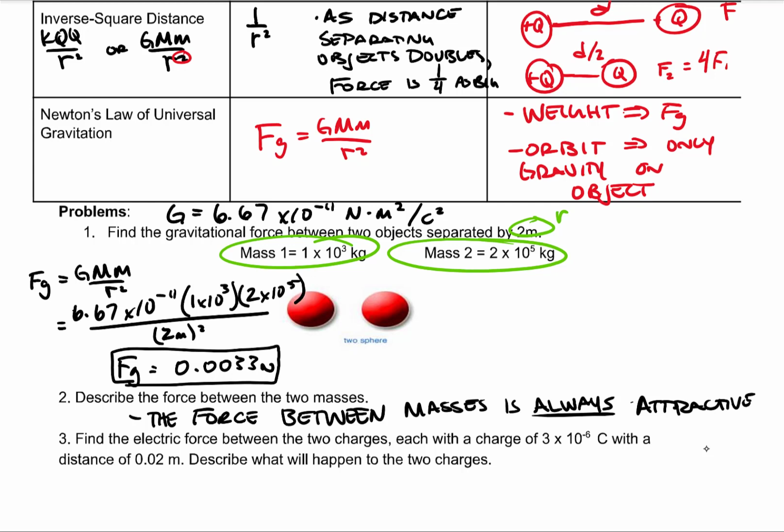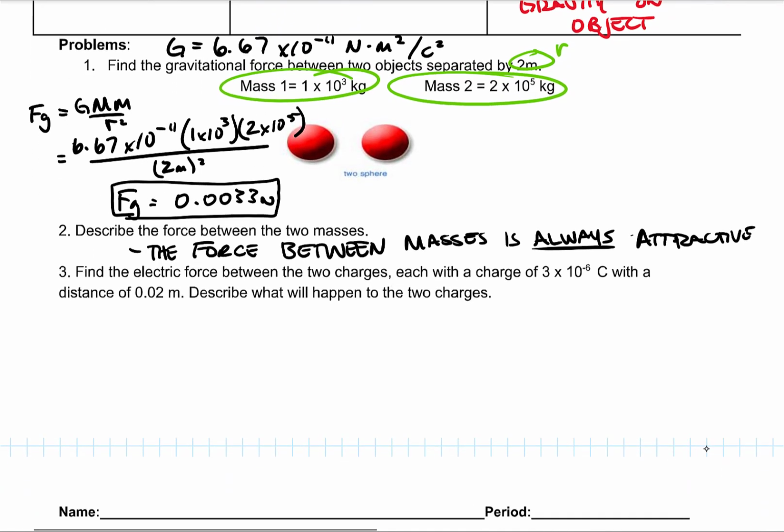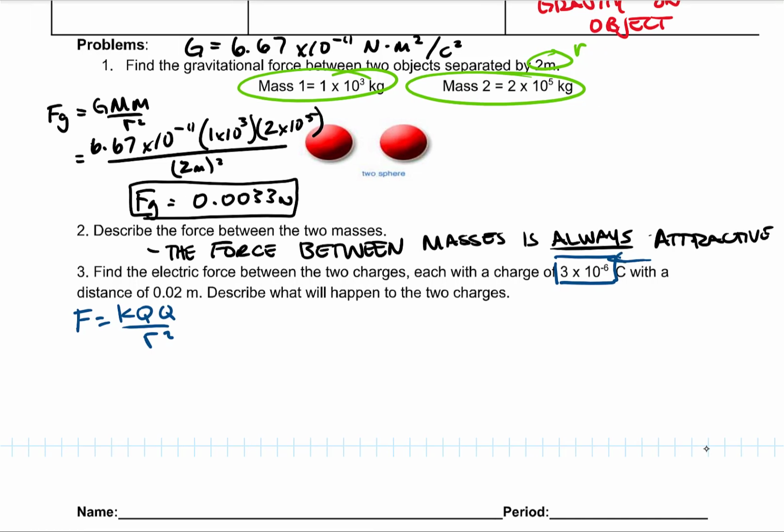That force is going to pull them into each other. Find the electric force. So that's F equals kQ over r squared between two charges, 3 times 10 to the negative 6 coulombs each. So that's going to be Q1 and Q2, and then a distance, so that's my radius of 0.02 meters.